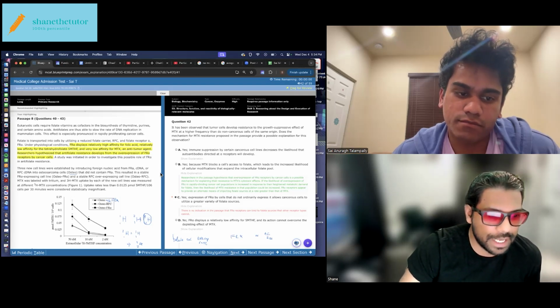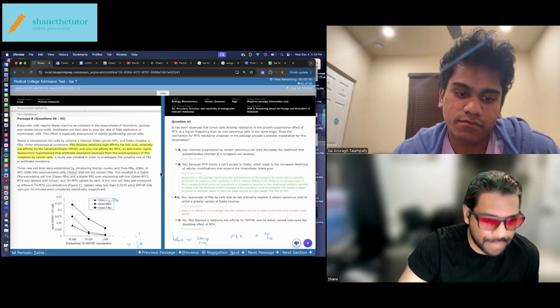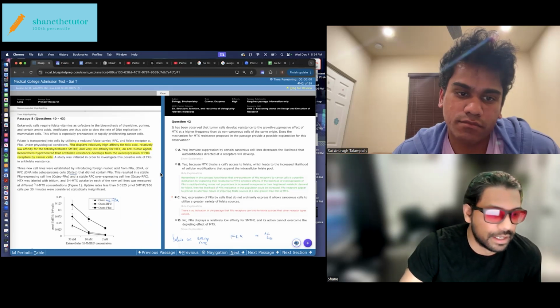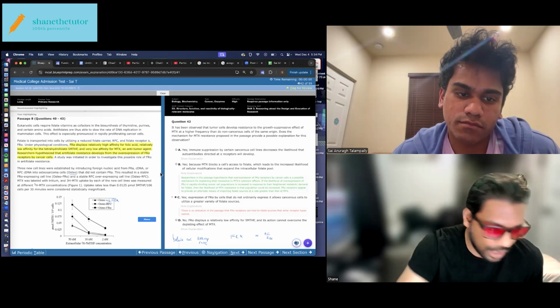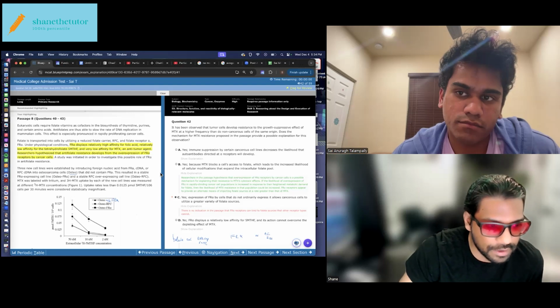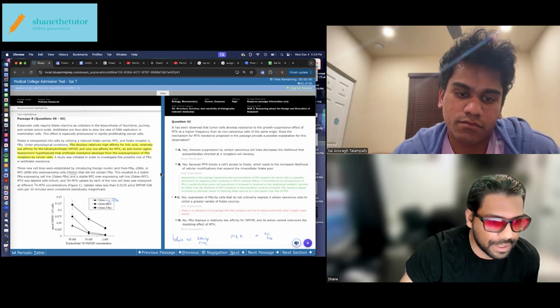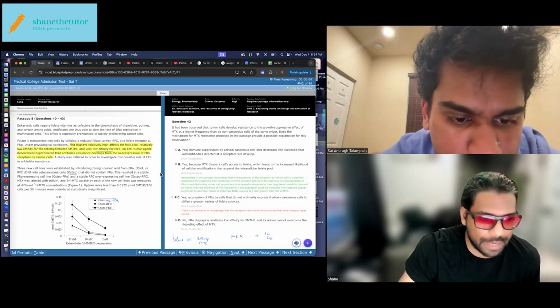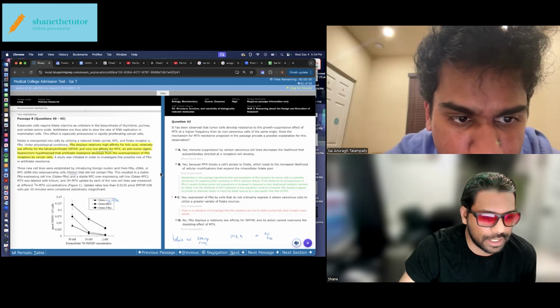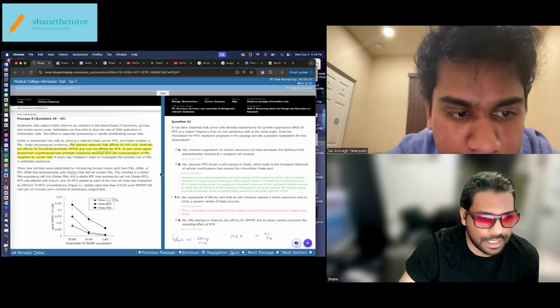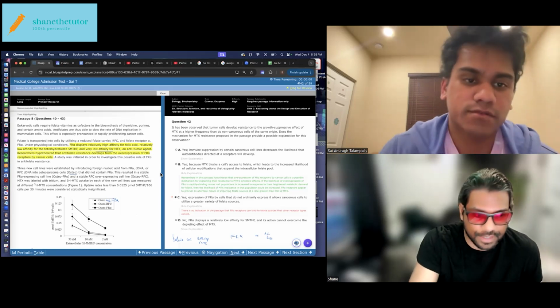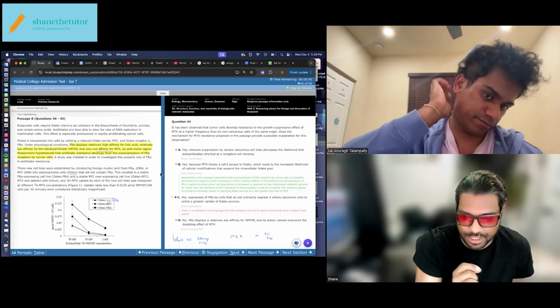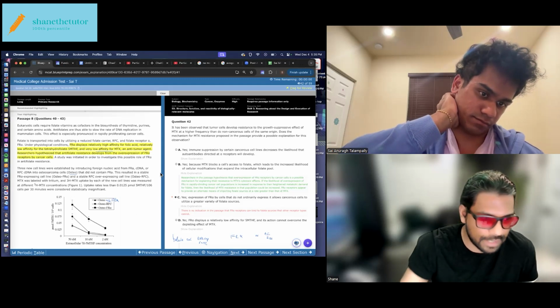It should make sense that, before I look at the graph, FR alpha, since it has a low affinity for MTX, we should see a lower amount of uptake. That would make sense then, right? Because of the low affinity.